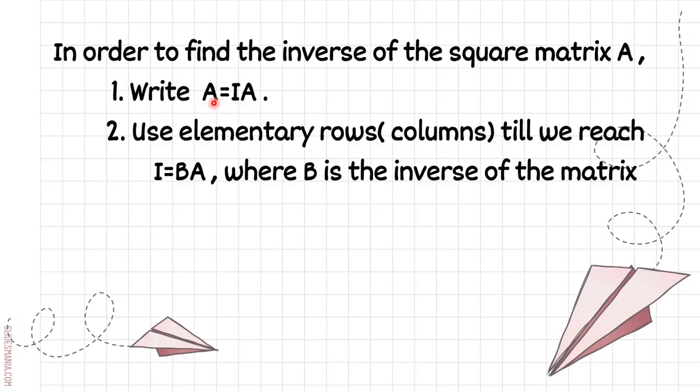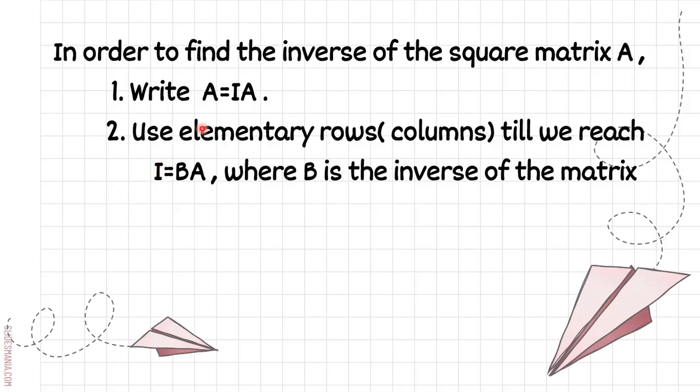After performing the operations, you will come across the relation I is equal to BA, meaning perform these elementary operations until this matrix A reaches I and this matrix I reaches B. When you reach the identity matrix on the left hand side, at that step stop doing elementary operations.